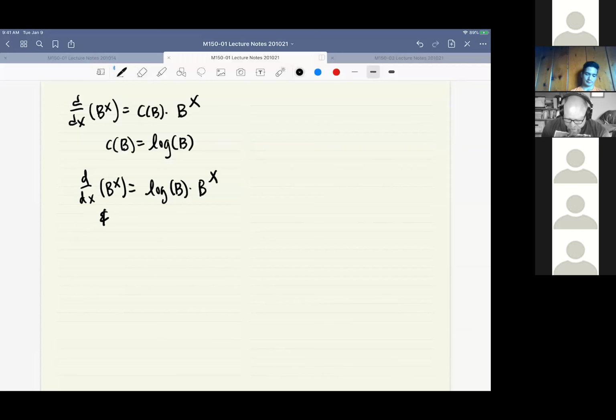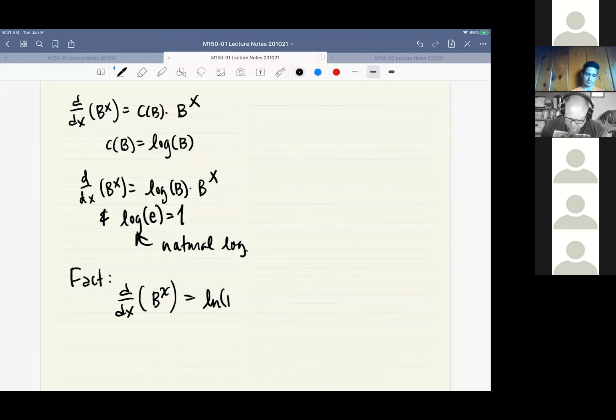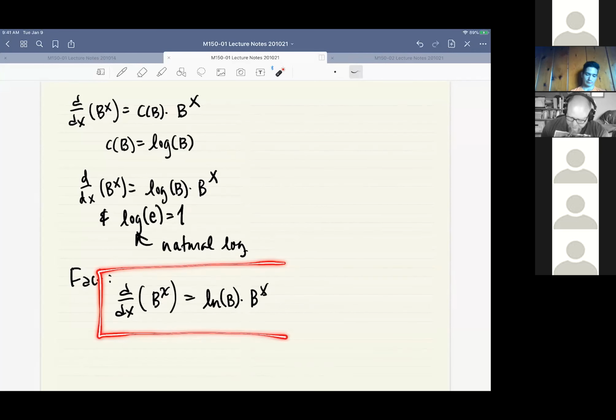And our recent observation is that when b is the natural number e, then that log of b should be 1. So this log is the natural log. So it turns out it is indeed a fact. We've been collecting evidence. It's actually true that the derivative of b to the x is the natural log of b times b to the x. That's a formula for the derivative of an exponential function.